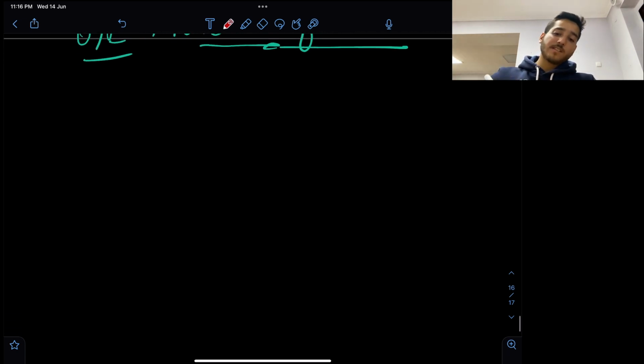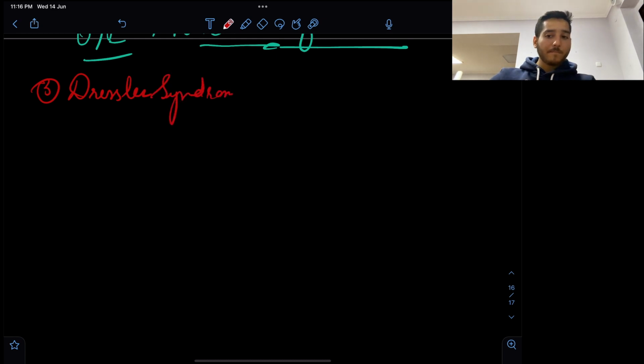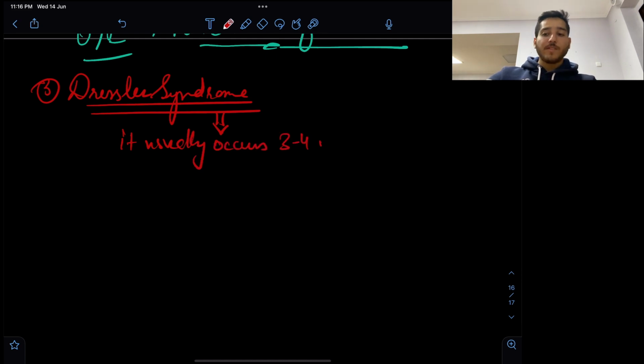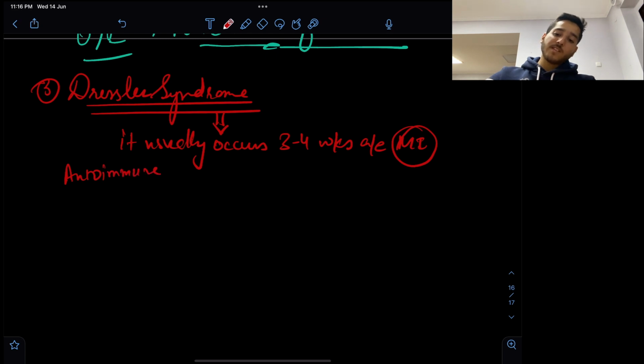Okay. And the third one is Dressler syndrome. Dressler syndrome usually occurs 3 to 4 weeks after MI. So it takes time to occur. Okay, and this is an autoimmune process, so this is autoimmune pericarditis.